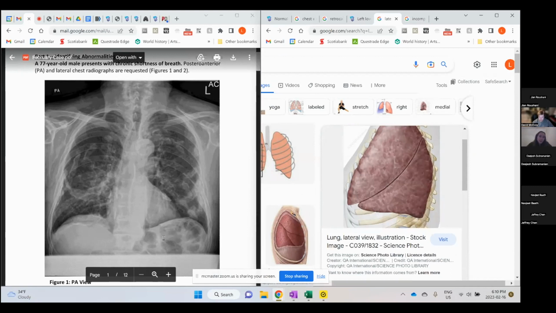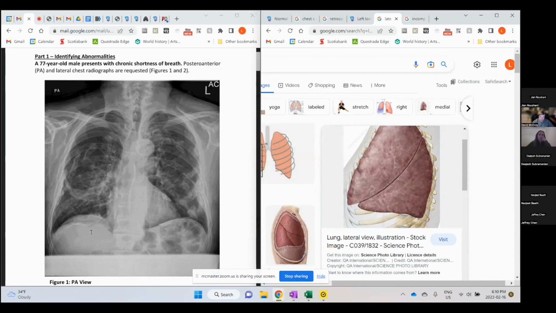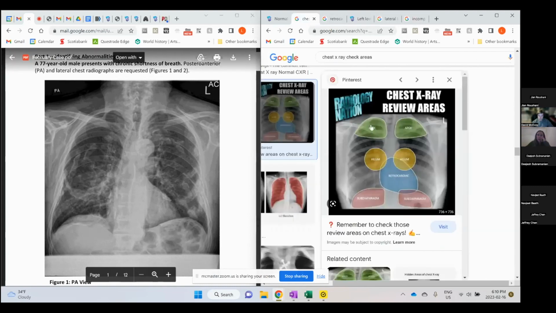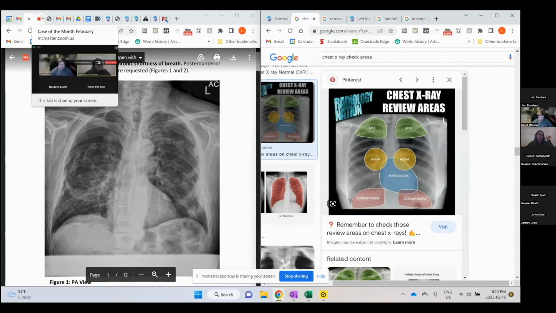If we zoomed in close, we would see lung markings here and here as well. A lot of things get missed in these areas, and also behind the heart. And then pneumothoraces, really small ones up here and up here. And then in these two corners, effusions. So these are the check areas I do after every study, basically.